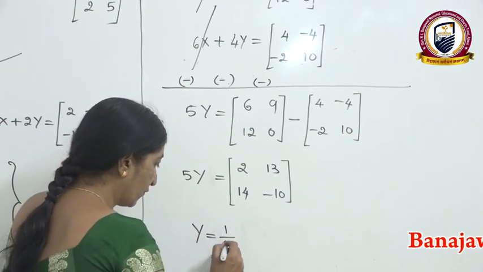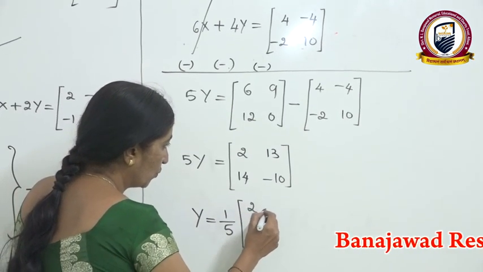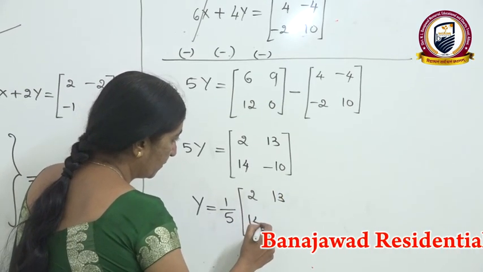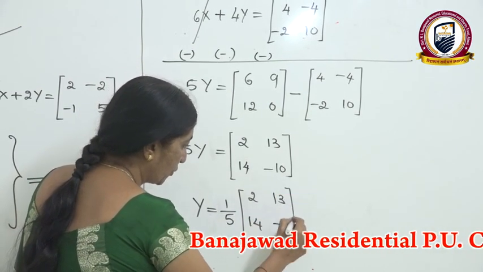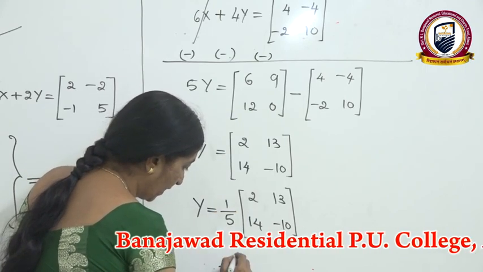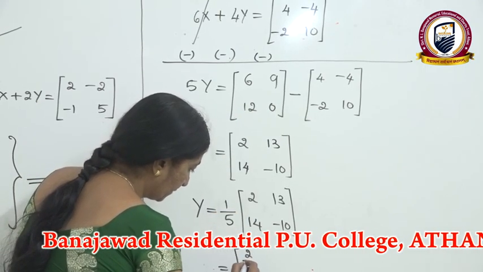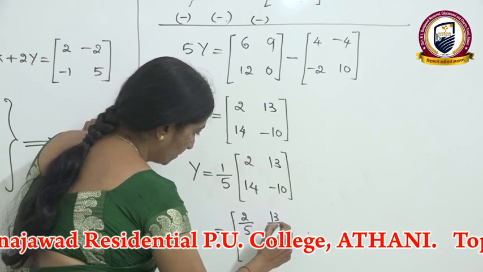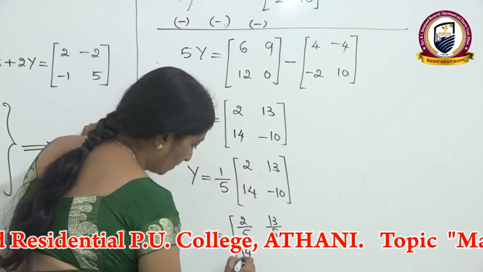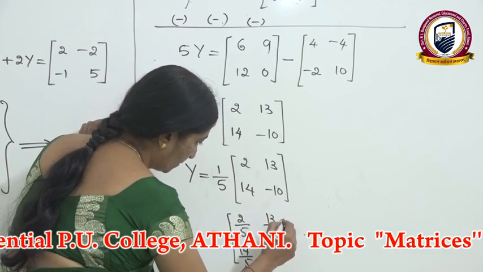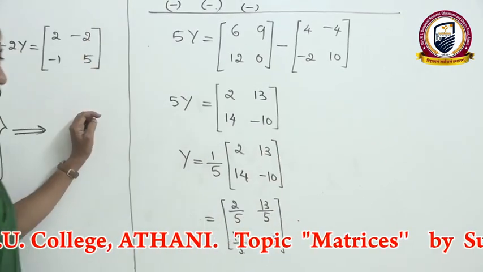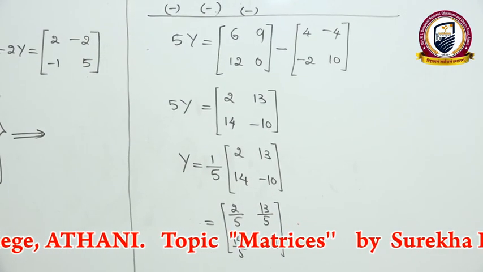Y is 1 by 5 times the matrix 2, 13, and each number is multiplied with 1 by 5. So this is how we find the y value.